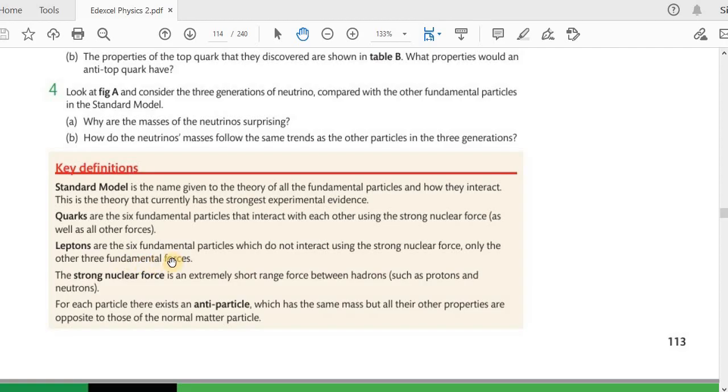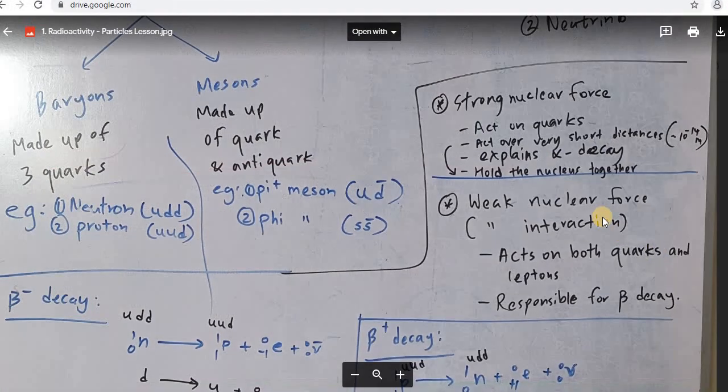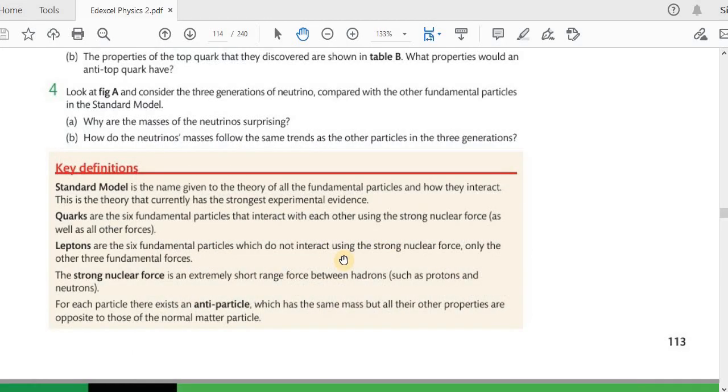So we have the weak nuclear force, also called the weak interaction, acting on both the quarks and the leptons. And also, because these have charge, there is an electrostatic force of attraction or repulsion between these particles which have charge. The strong nuclear force is an extremely short range force between hadrons such as protons and neutrons.